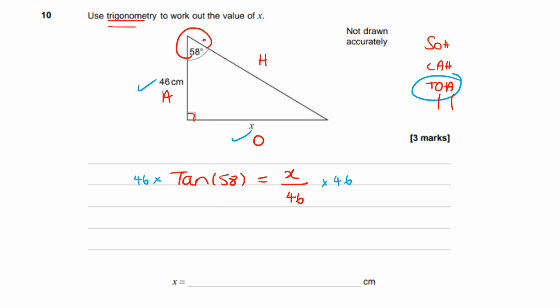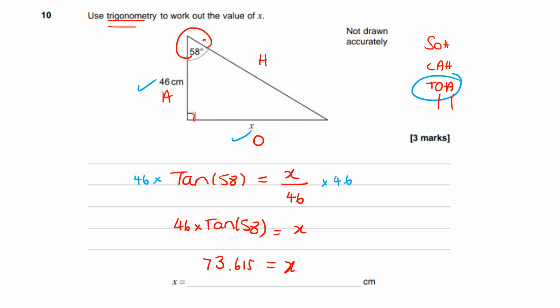And that's going to give you x is equal to 46 times tan 58. And when I type that into my calculator, it's going to give me 73.6153884. I'll just write this one and leave it as it is.